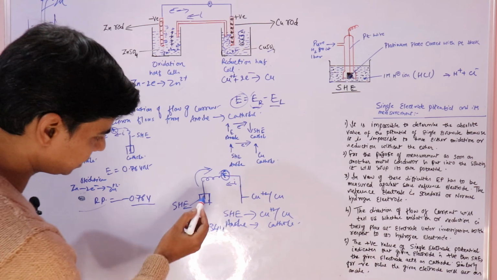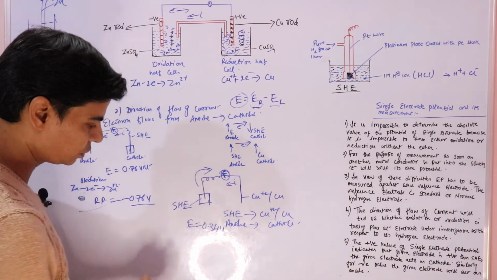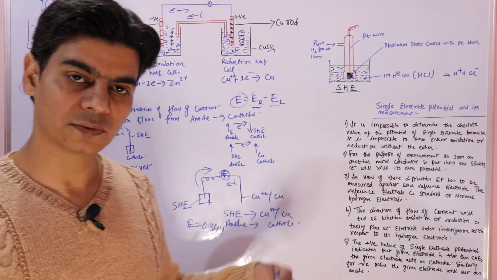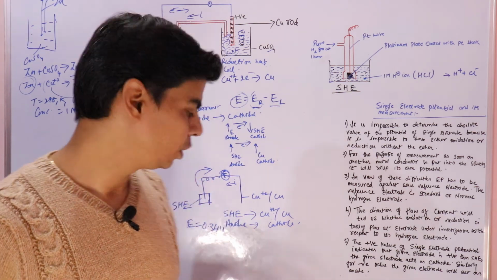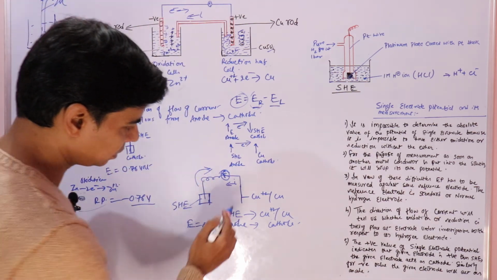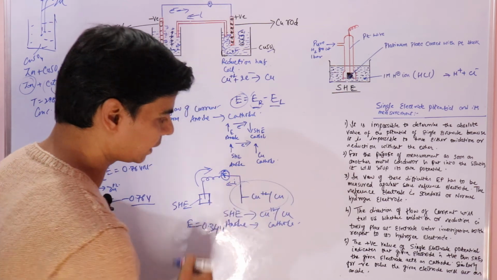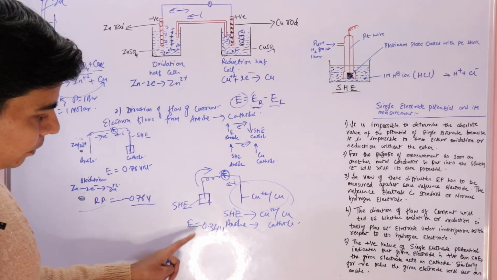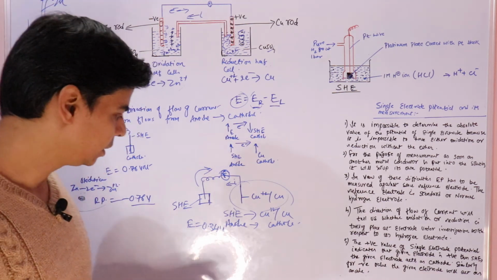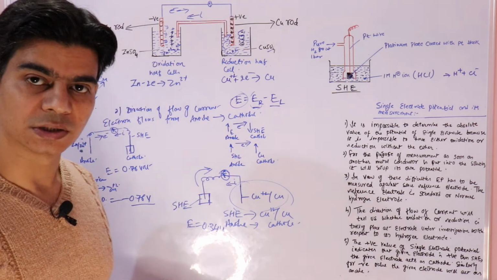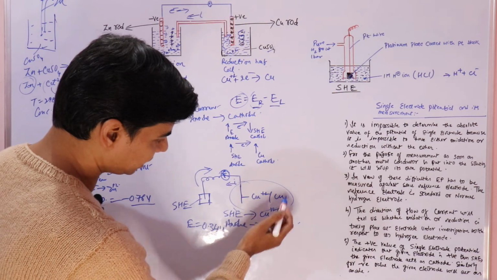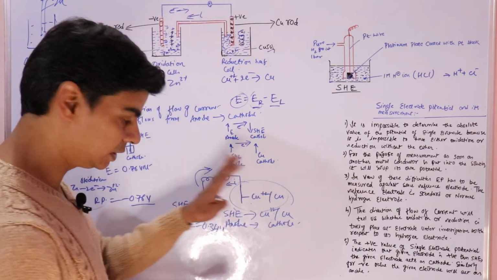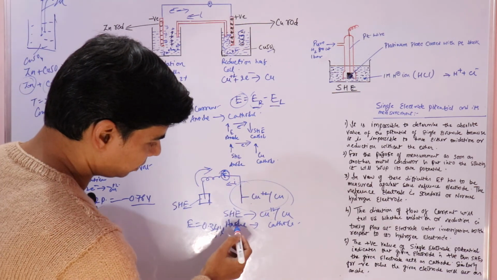Since the potential for the standard hydrogen electrode is 0, this reading is alone due to this copper electrode, right? So we say the electrode potential of copper is 0.34, which is its reduction potential, since reduction is taking place at the copper electrode in this scenario.